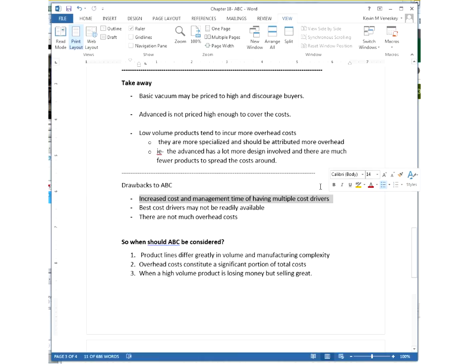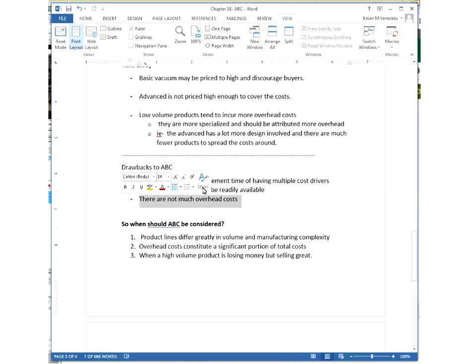First off, you have to determine what your activity bases are. Second, allocate your overall factory overhead into those activity bases. And then how many hours or how much time or labor was spent on each one. So it is a lot more involved, but it does give you, a lot of times, more accurate costing.